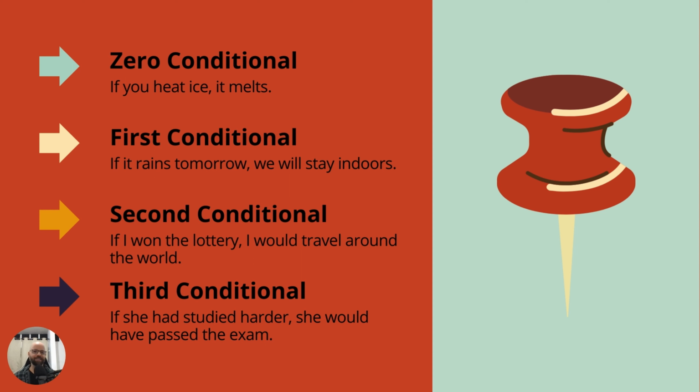If it rains tomorrow, we will stay indoors. Second conditional. If I won the lottery, I would travel around the world. Third conditional. If she had studied harder, she would have passed the exam.